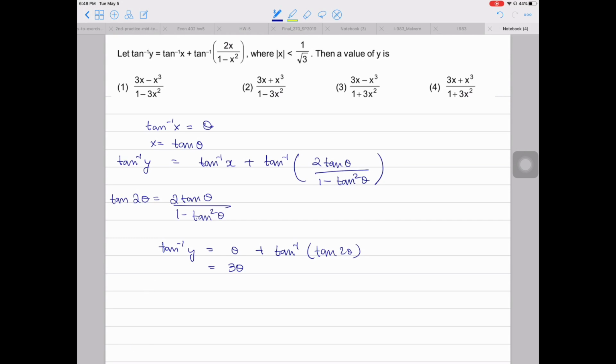So now we know that y equals tangent of 3 theta, which is 3 tangent theta minus tangent cubed theta over 1 minus 3 tangent squared theta. We again need to remember the trigonometric identity here. And now tan theta is x, so that becomes 3x minus x cubed over 1 minus 3x squared, which is option 1.